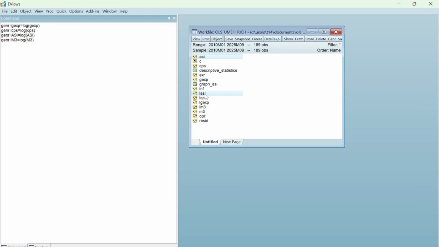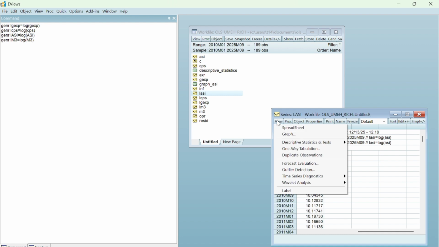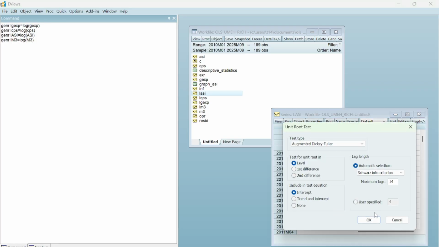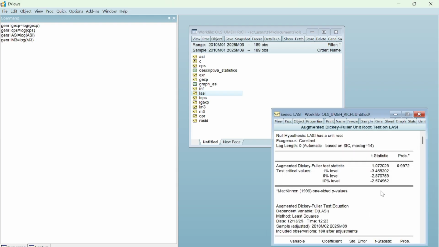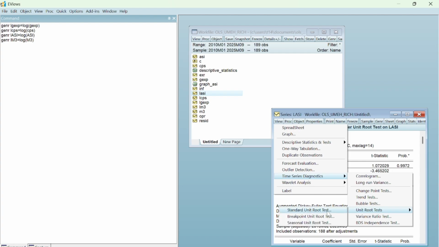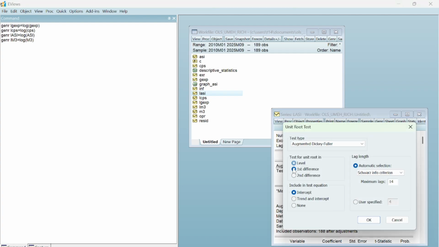So now we can look for the unit root of log of ASI. Go to view, and you say unit root. Standard unit root, level. You can click on it. Okay, it's telling you that it is not significant at level. You go to view, you click on unit root at first difference.